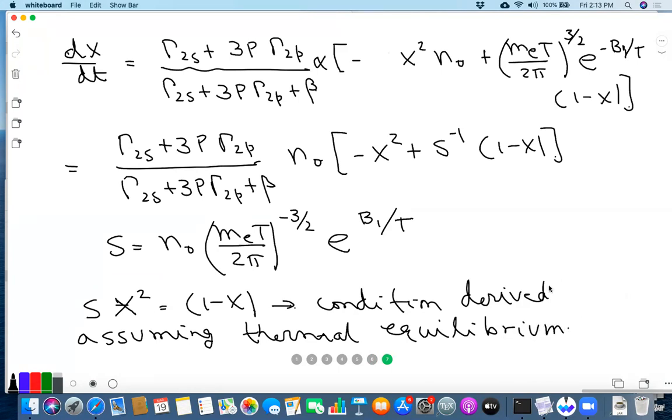So this again confirms whatever we had said, namely that setting the right hand side equal to 0 corresponds to thermal equilibrium. Here we did it in 2 steps, because there, of course, we could have used thermal equilibrium.